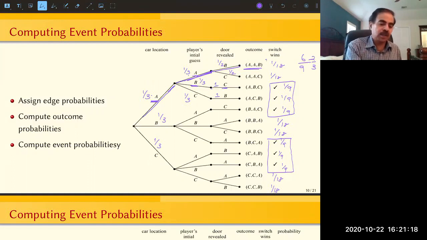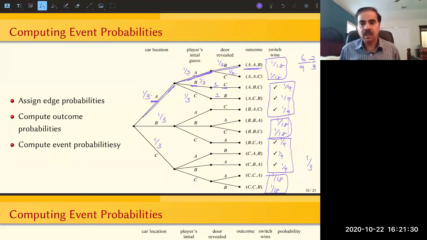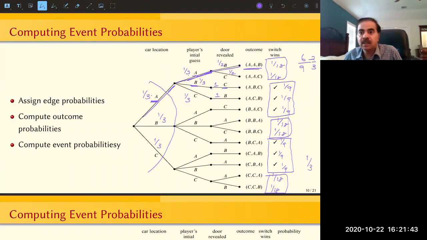And if you don't switch, then that corresponds to these 6 leaves. So if you don't switch, then you have a 1/3 chance of winning, which kind of makes sense, right? Because it should be 1/3 because you picked in the beginning, right? Without knowing where the car is, you made a choice among the 3. And so you must have had a 1/3 chance.